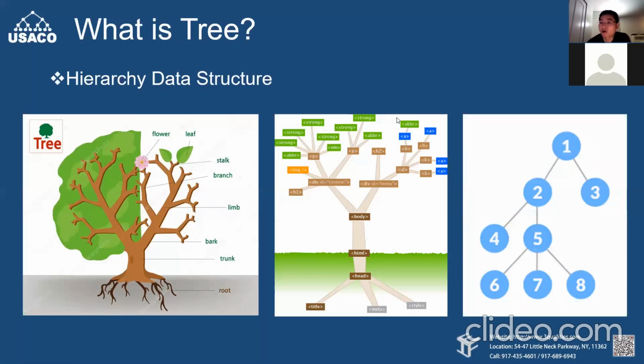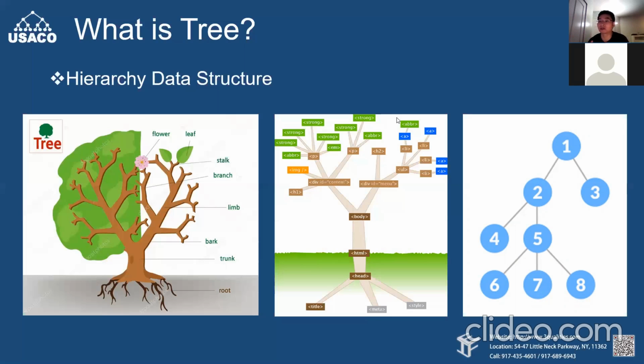So, to simplify all those scenarios, how we understand the tree in the context of a data structure is something like that. 1, 2, 3, 4, 5, 6, 7, 8 are the values stored in the tree data structure. We can see the tree is starting from the top. That is a little bit different from the normal tree, where we have a root at the bottom and then expand upward.